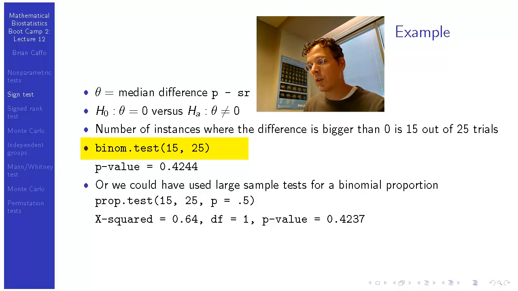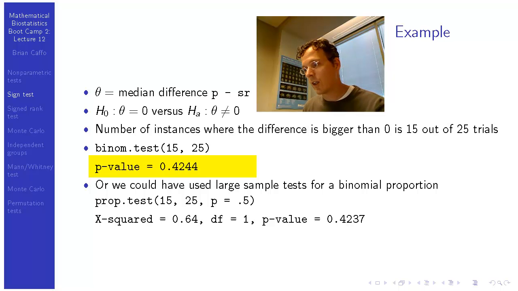Now our expected number out of 25 is 12.5. So we don't know whether 15 is excessively large. Well, in this case, it turns out that no, 15 is not excessively large. It has a 0.42 chance of happening under the null hypothesis for a two-sided test in this case.